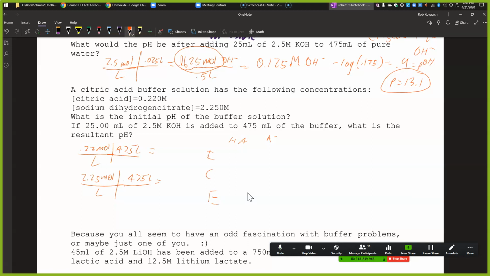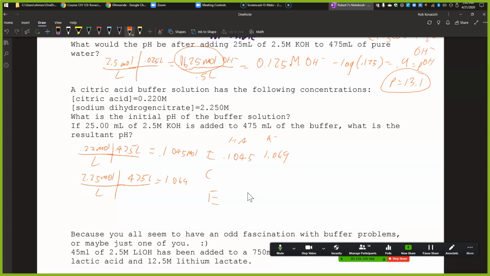0.22 times 0.475. So this one is 0.1045 mole. And then we've got 2.25 times 0.475, and this one is 1.069. All right, so this is 1.069, right? And this one here is 0.1045.